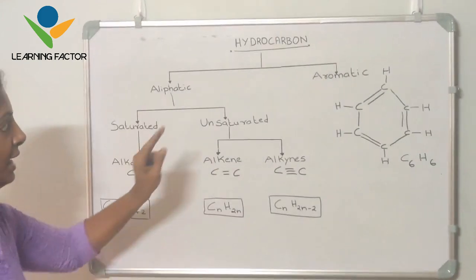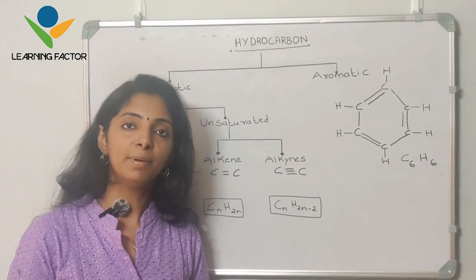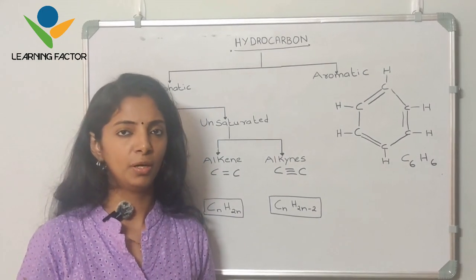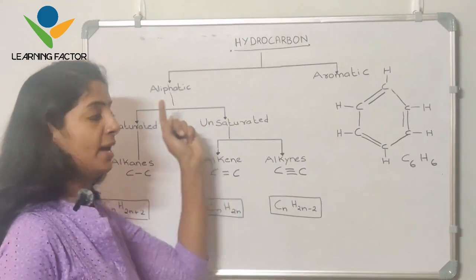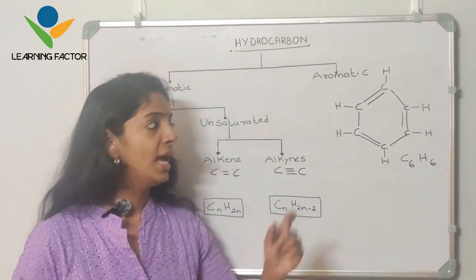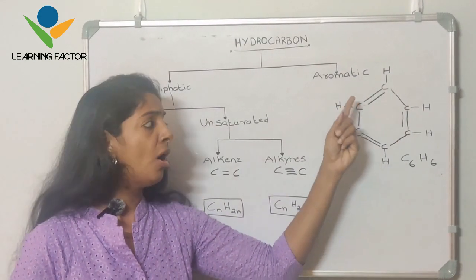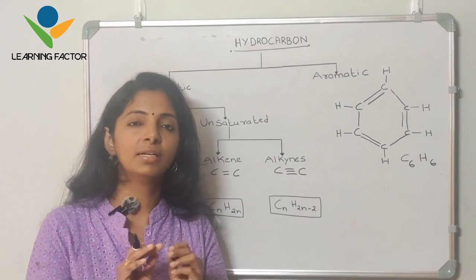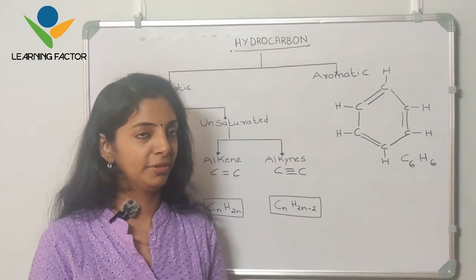Once again, hydrocarbons are compounds having carbon and hydrogen in them, and sometimes they may have a functional group also. Hydrocarbons are of two types, aliphatic and aromatic compounds. All aromatic compounds have a ring structure, but not all ring structures are aromatic. Don't get confused.